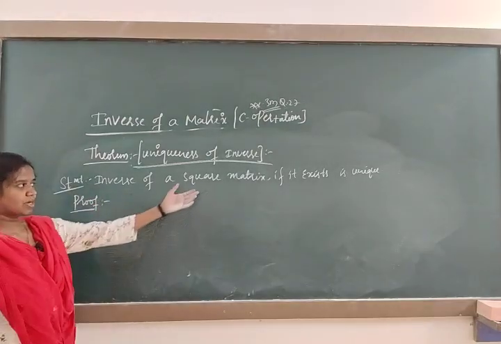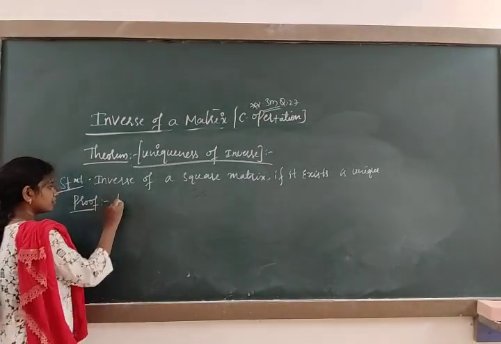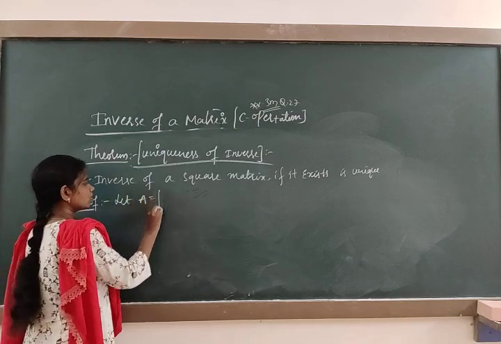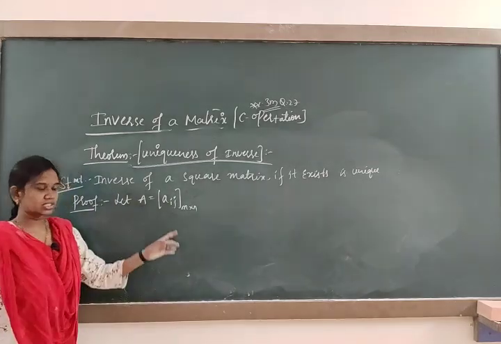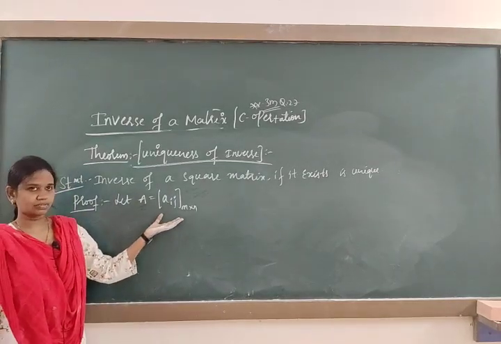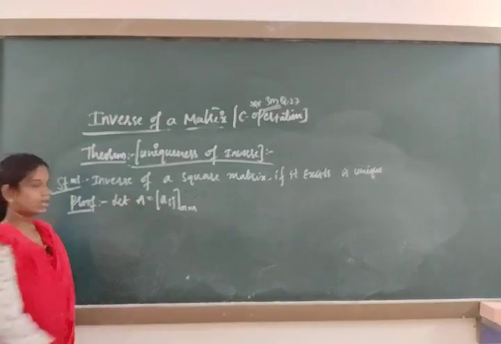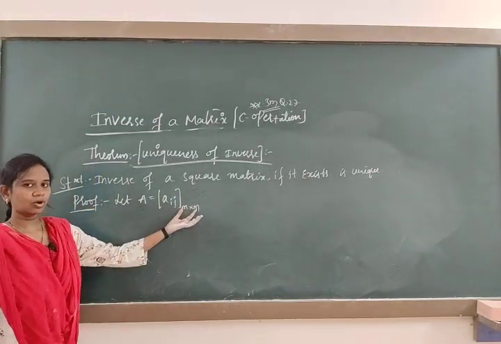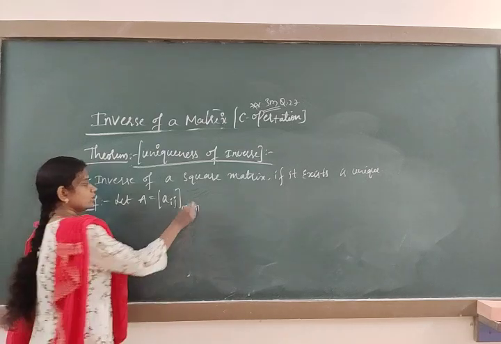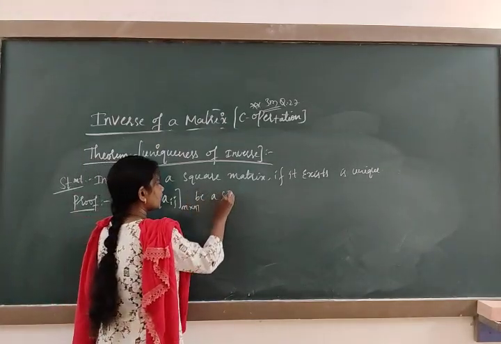So we have to take a square matrix. Let capital A be equal to A suffix ij, m cross n. Remember, this is the general representation of a matrix. Instead of m cross n, I will take m cross m itself, because for a square matrix, rows and columns should be the same. Let A be a square matrix.